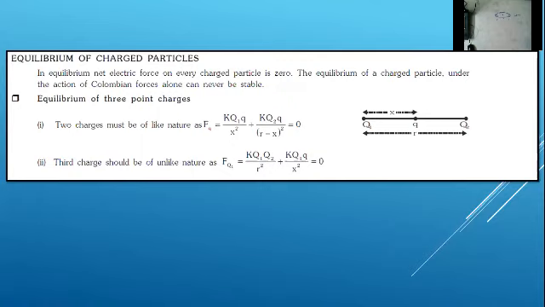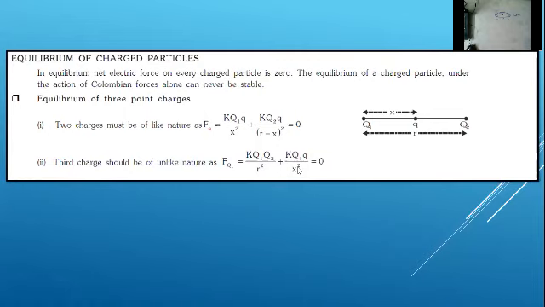So it should be associated with another particle. For a two particle system, it can never be in a stable equilibrium condition. For a three particle system we will discuss right now.